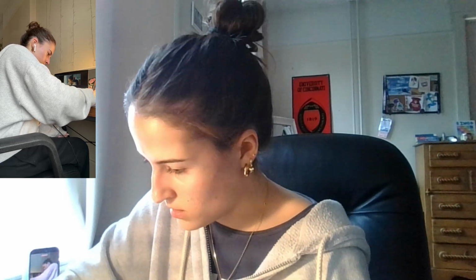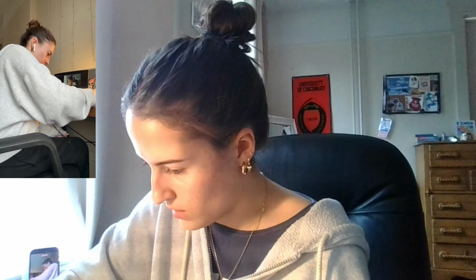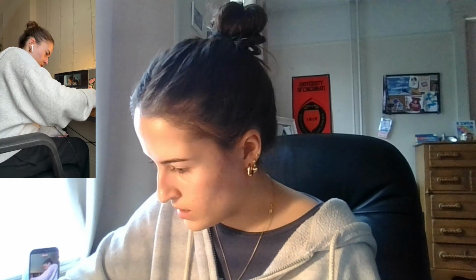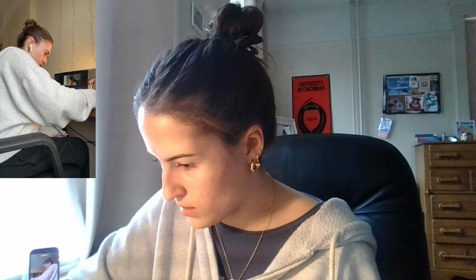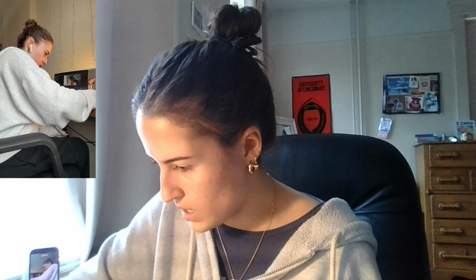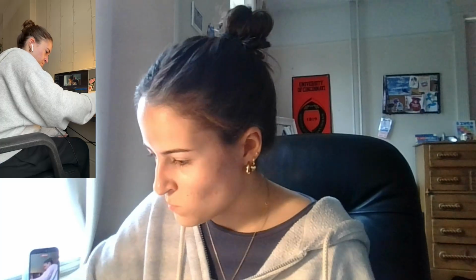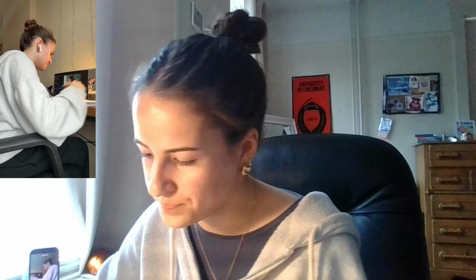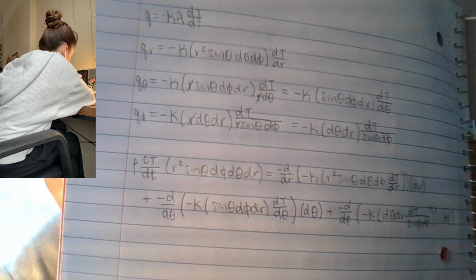And then times the d theta once again, plus negative d over d phi times the Q phi that we found, which is negative k d theta dr dt over sine theta d phi, times d phi.